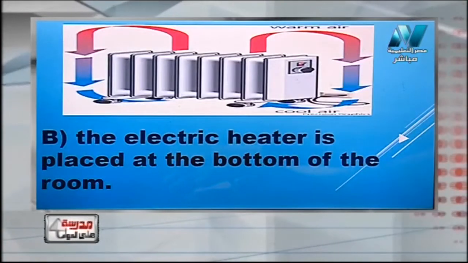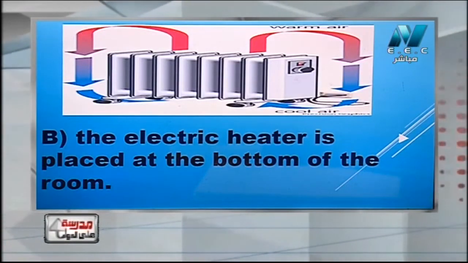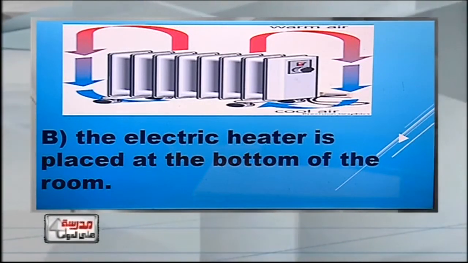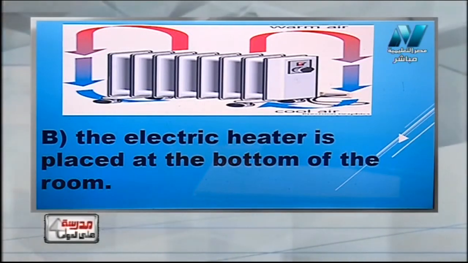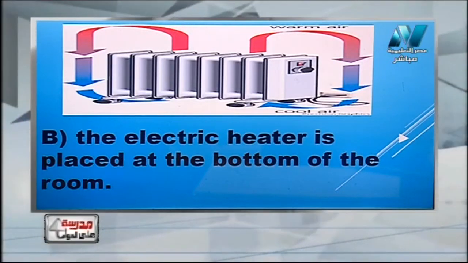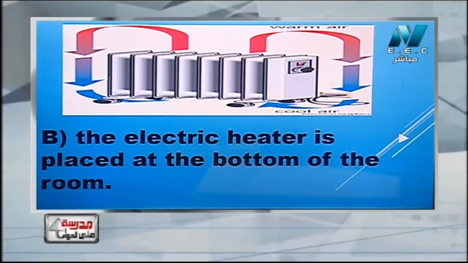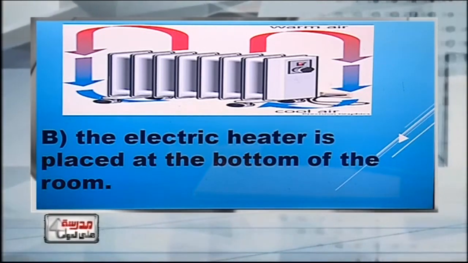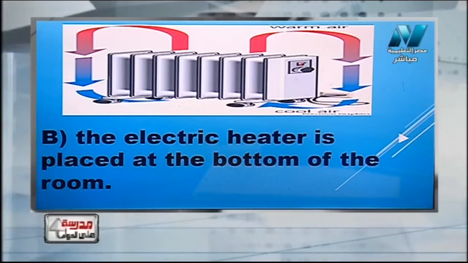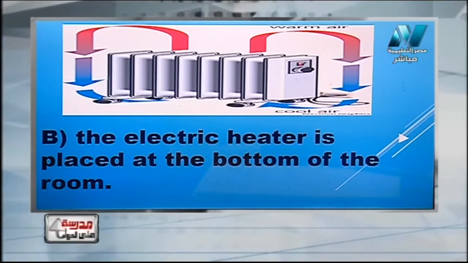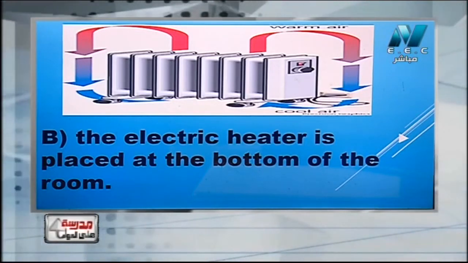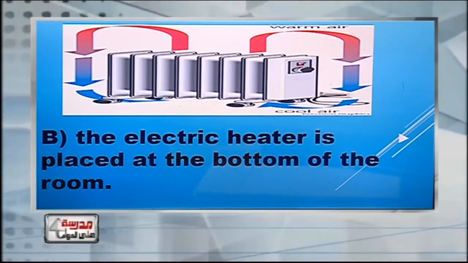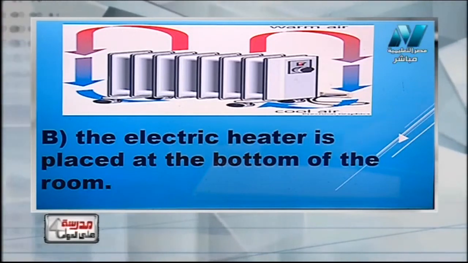And in the opposite way, is the electric heater placed at the top? No, the electric heater is placed at the bottom of the room. Give reason. Because hot air rises up. I want to make the whole room warm, so I have to set the heater at the bottom of the room, because hot air rises up while cold air falls down.